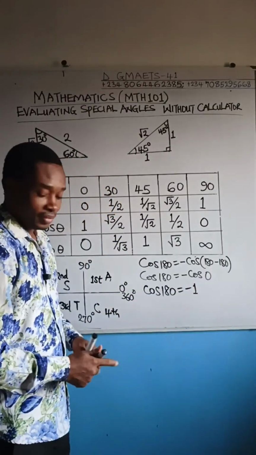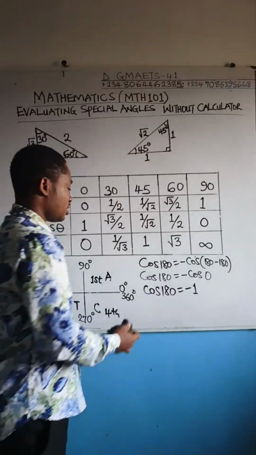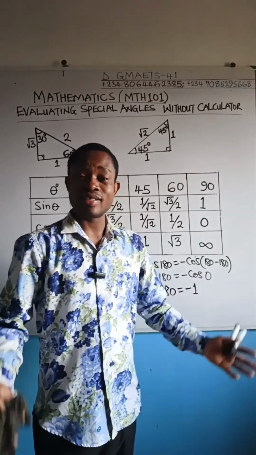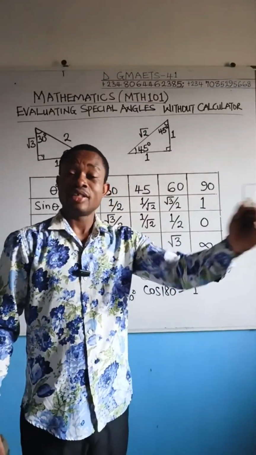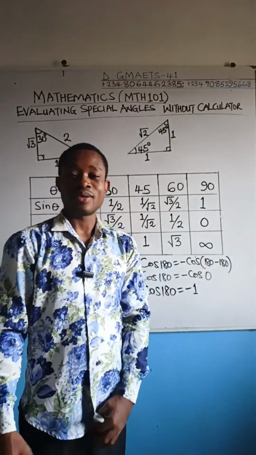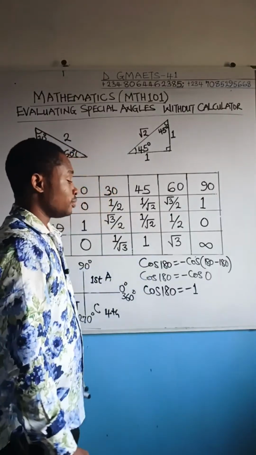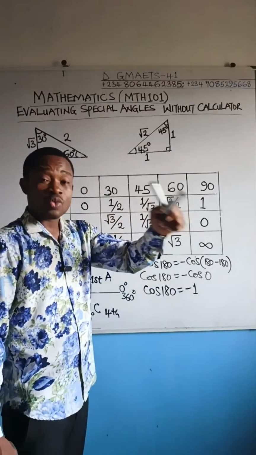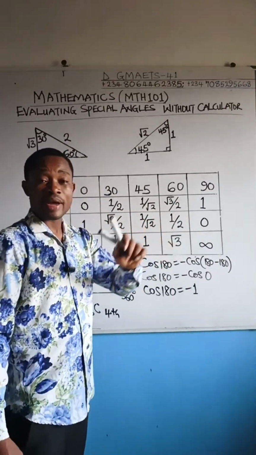That's cool. What about tan 180? Let's find out. Remember, to work out tan in this case, you can use sine over cos. Tan 180 will be equal to sine 180 divided by cos 180.